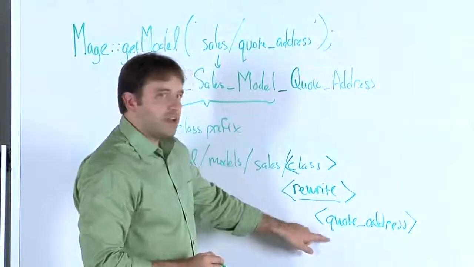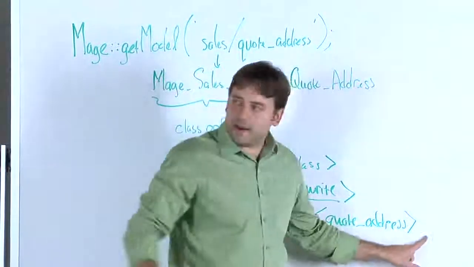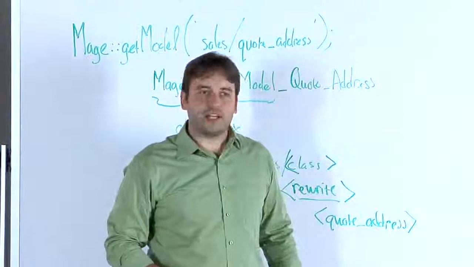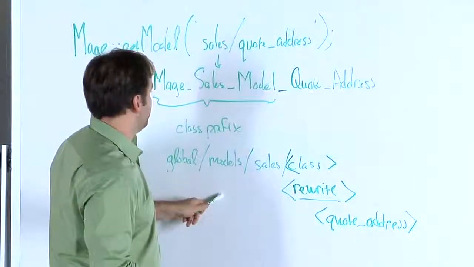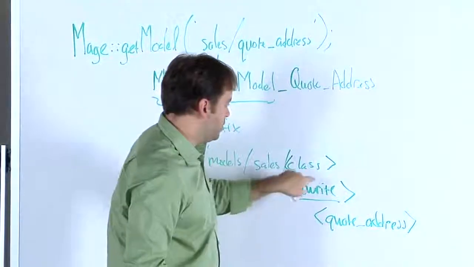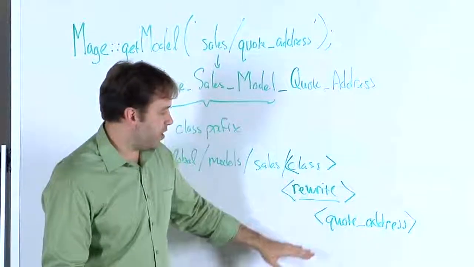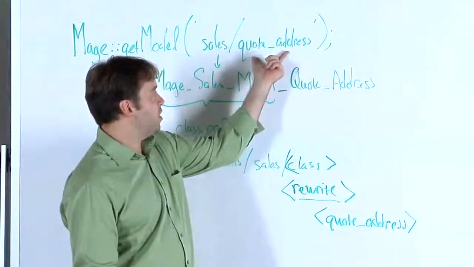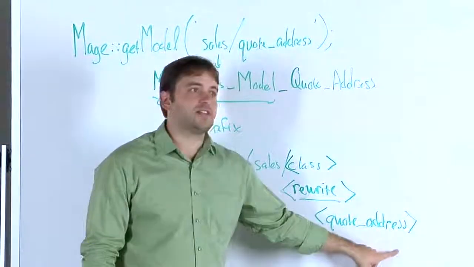So, under quote address, we're adding a full class name. So what happens is, in that configuration object, we get from here to here. Before we try and do this, we do this. We look under rewrite and see, basically, is whatever we passed here, is that itself a node under rewrite? And in our case, it is.